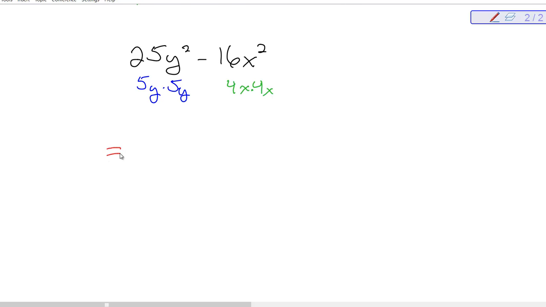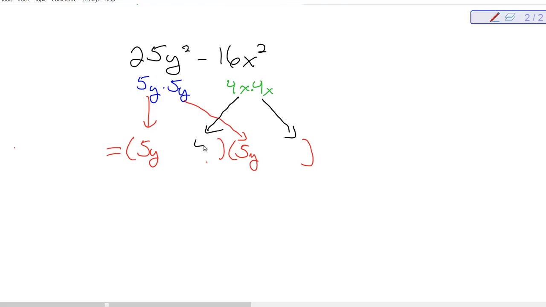So whenever I actually factor this, I'm going to bring a 5y to the first blank of each parentheses, and I'm going to bring the 4x to the second blank of each parentheses, and I'll have one minus and one positive. One negative, one positive.